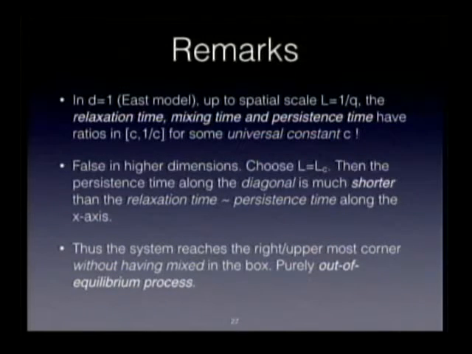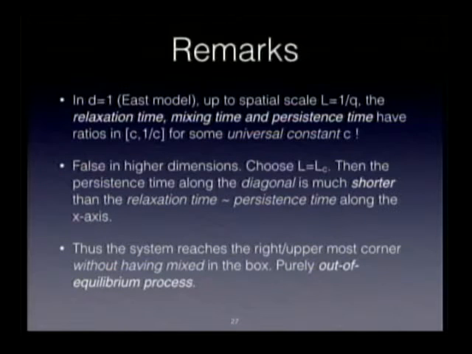Now this actually is false in higher dimension, because we just proved that on the equilibrium scale, which was 1 over q in one dimension and is 1 over root q in 2 dimensions, the persistent time along the diagonal is much shorter than the relaxation time, which actually coincides more with the persistent time in the horizontal direction.